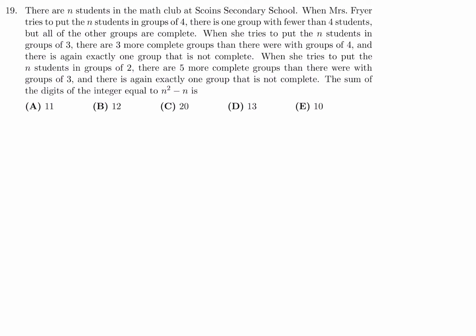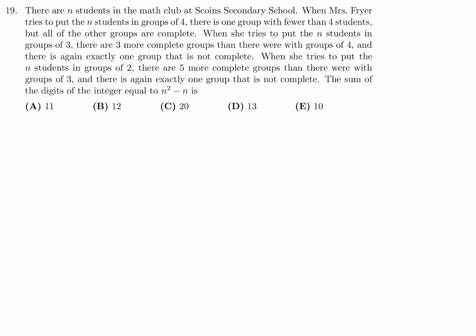There are n students in the math club at Scoins Secondary School. When Mrs. Fryer tries to put the n students in groups of 4, there is one group with fewer than 4 students, but all of the other groups are complete. When she tries to put the n students in groups of 3, there are 3 more complete groups than there were with groups of 4, and there is again exactly one group that is not complete.